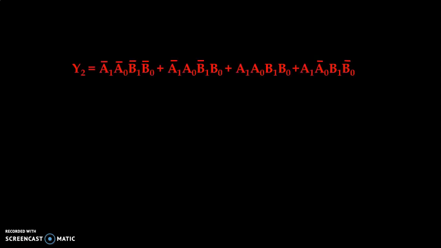Now let us simplify y2. We have y2 equal to 4 product terms, but now we can see that from the first 2 product terms we can take common A1 bar as well as B1 bar, and from the third and fourth product terms we can take A1 and B1 as common.